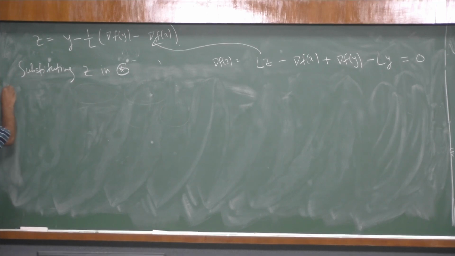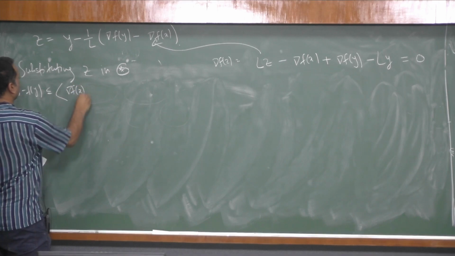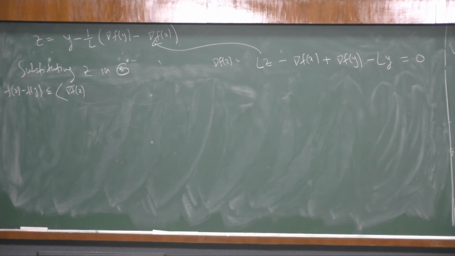So fx minus fy is less than or equal to grad fx and x minus Z. I'm a little bit lazy to do all this. We have to put Z there, which looks very big. So I'm thinking of the shortest possible way, if it exists. If I do put Z, what do I get? I don't see any cancellations. Y minus 1 over L, and then there is another Z in the second term, and also in the third term it matches after manipulation.